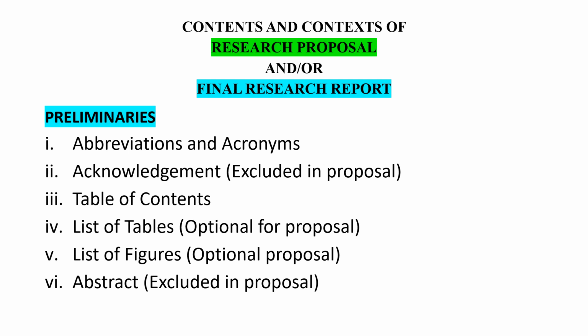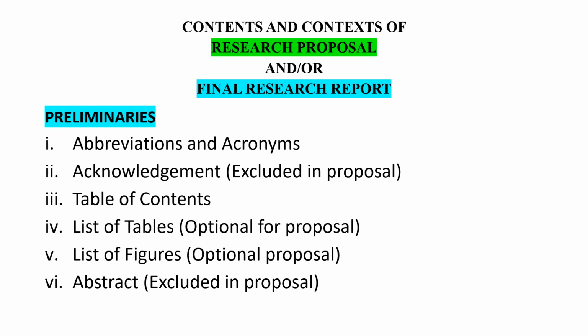In the preliminary parts, there are abbreviations and acronyms, acknowledgement, table of contents, list of tables, list of figures, and abstract. These are what is written in the preliminaries, not the main body of the research.